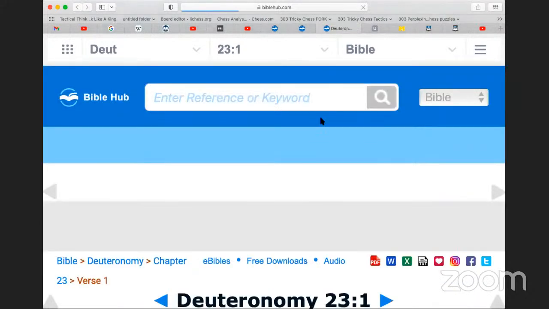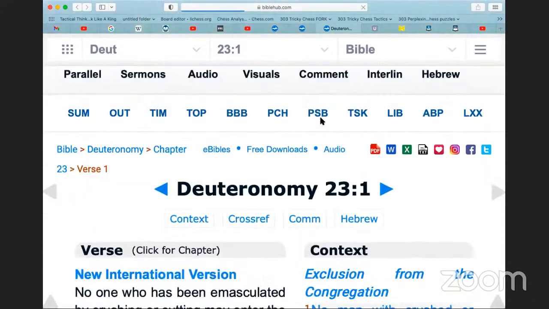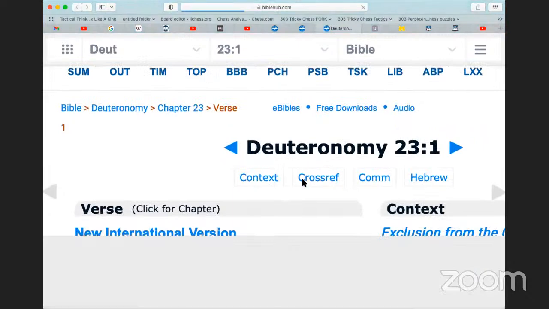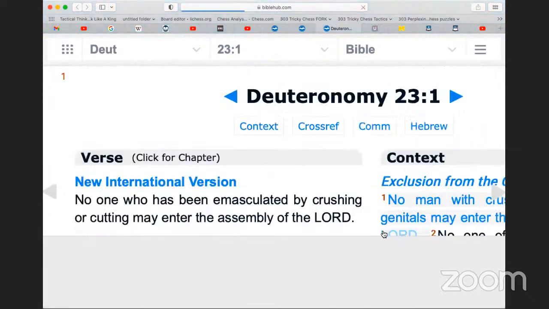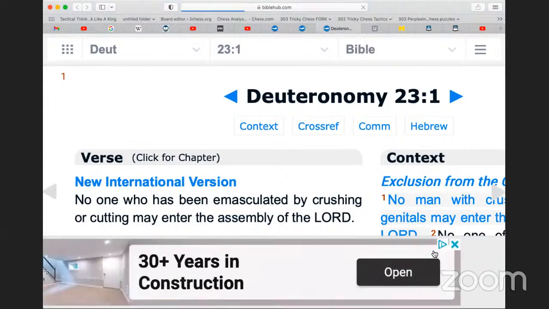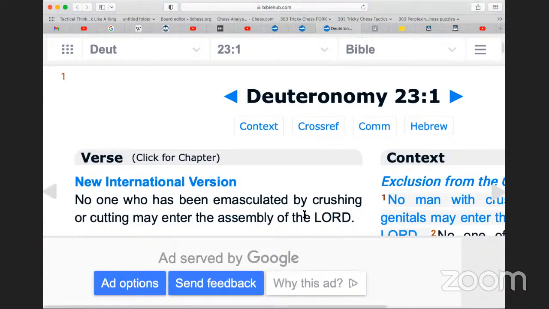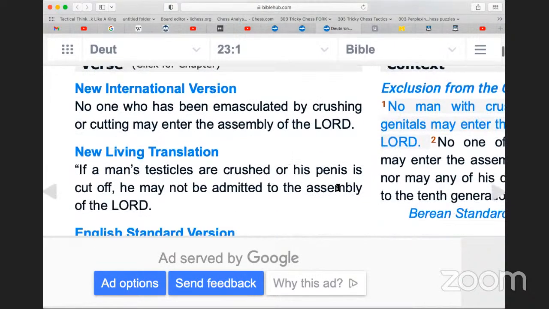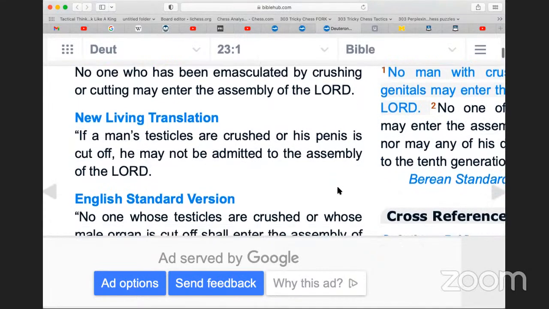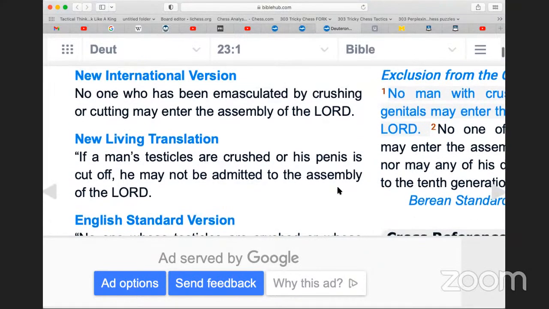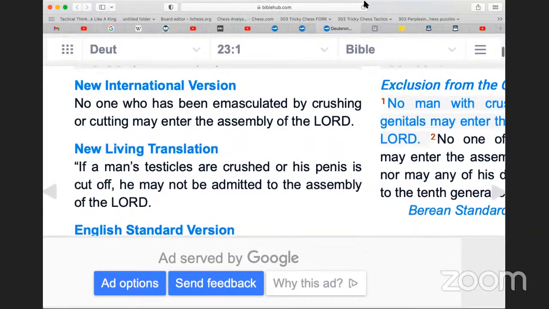So let's see, this is going to prohibit Ethiopians. Let me see where it's going. Okay, so this is dealing with an actual eunuch. So old boy is lying.